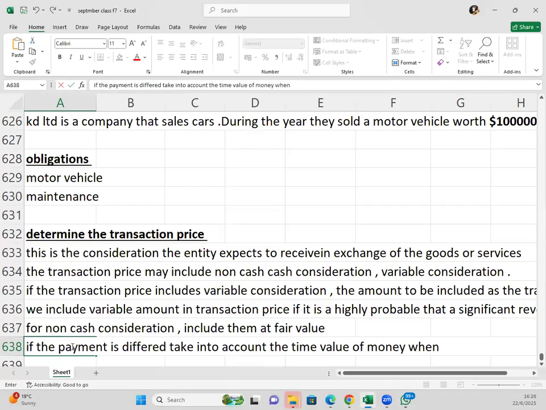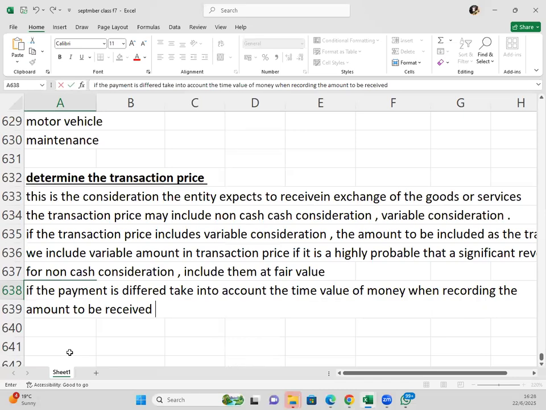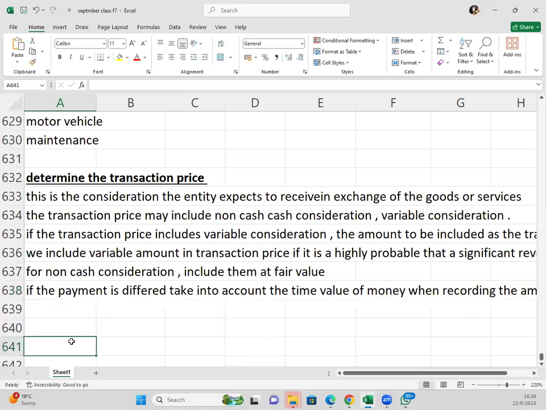When recording the amount to be received, if we are saying we've entered into a sale transaction, how much are we going to receive? That is the transaction price.